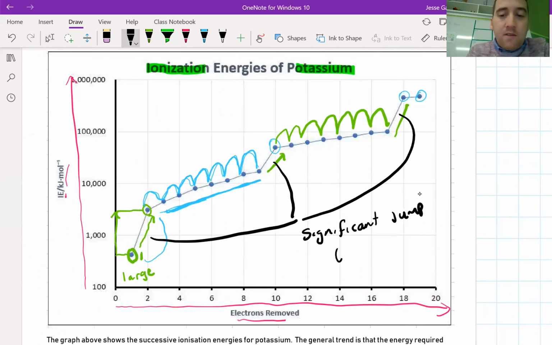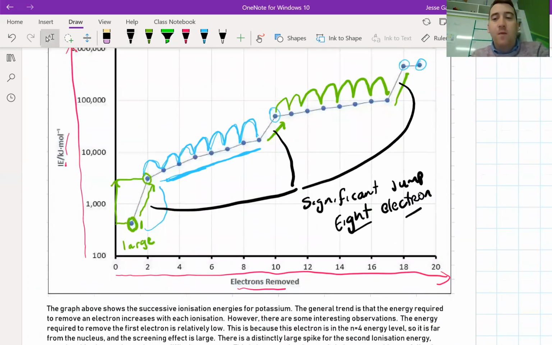And it happens every 8th electron removed. The reason for this is that we're now taking from another energy level, if you like. We're removing from a full energy level. Now, this is another piece of evidence that energy levels exist.